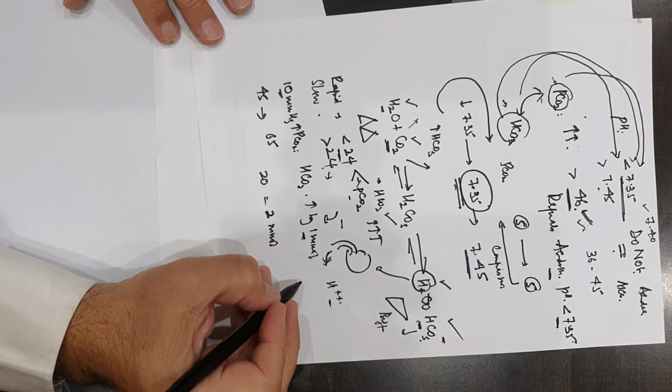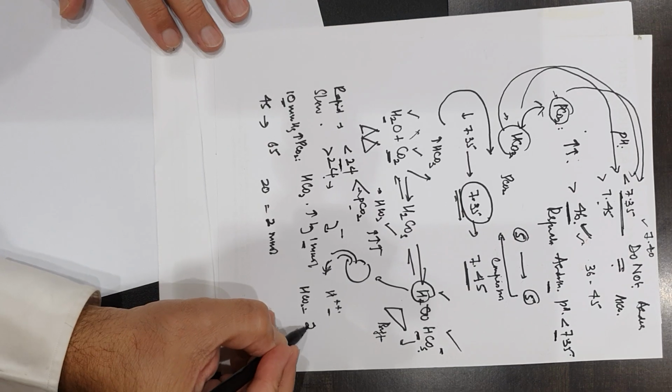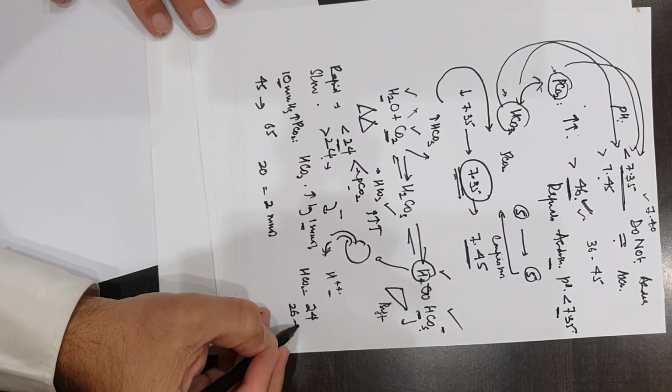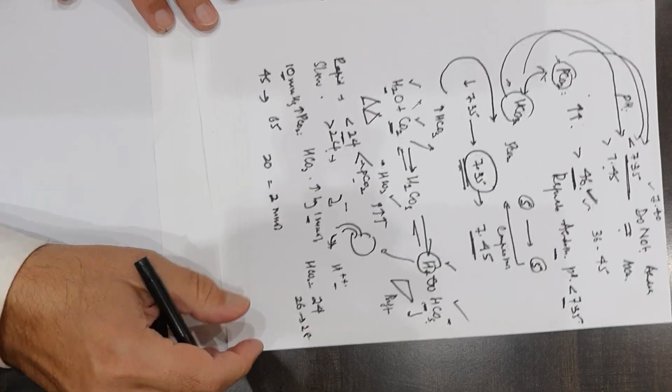So if we take the normal bicarb, for instance, to be 24, this will be 26. If you take the normal one to be 26, this is going to be 28. So this happens in the first 24 hours.